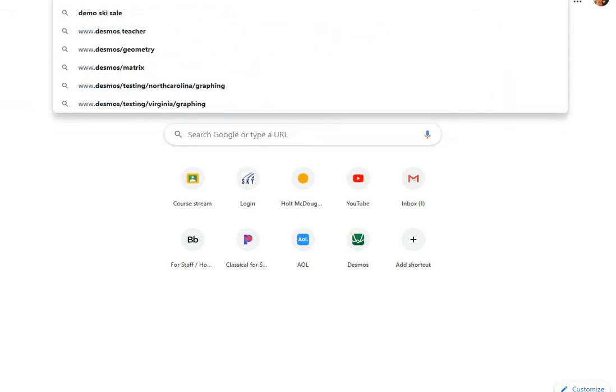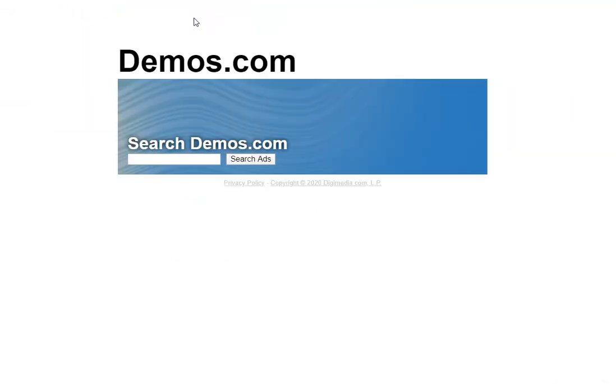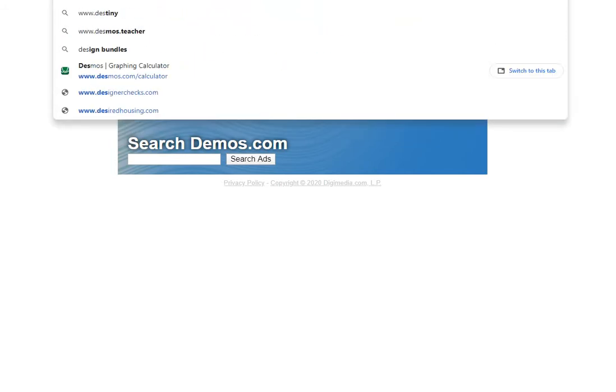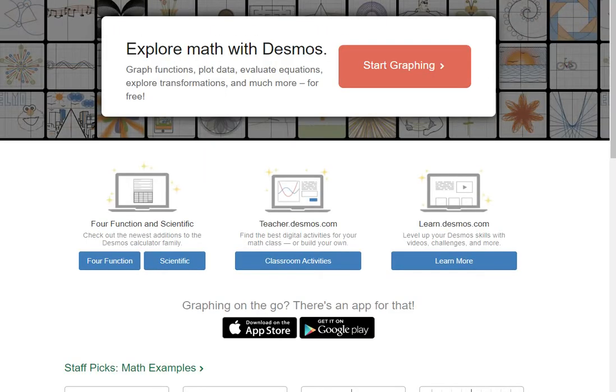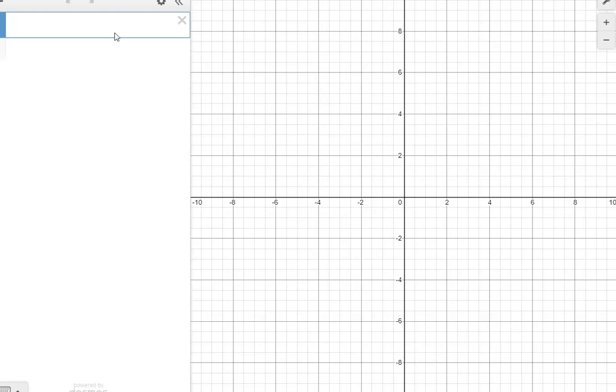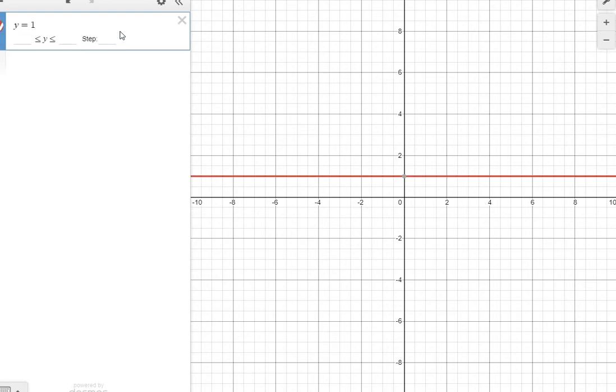And for that one, we had 1/x plus 2. So you can do 1 slash, and it will change it into a fraction, x plus 2. There you go. And then look, you can see that this line is getting closer and closer to -2 over time. This is getting closer and closer to 0. It's nice because you can zoom out, or you can zoom in and see what it's getting closer and closer to.